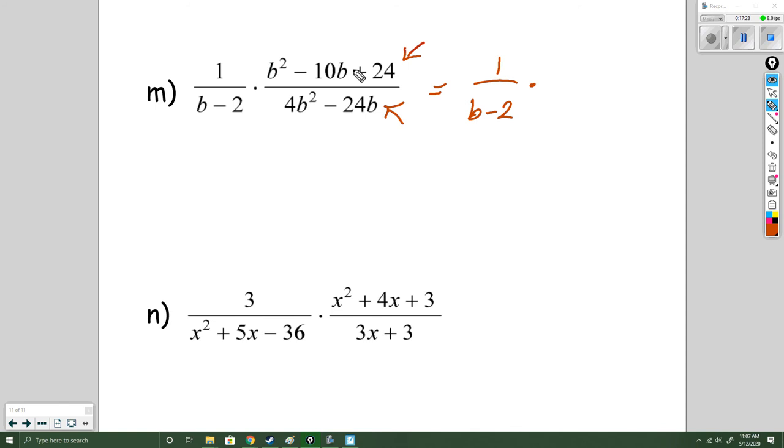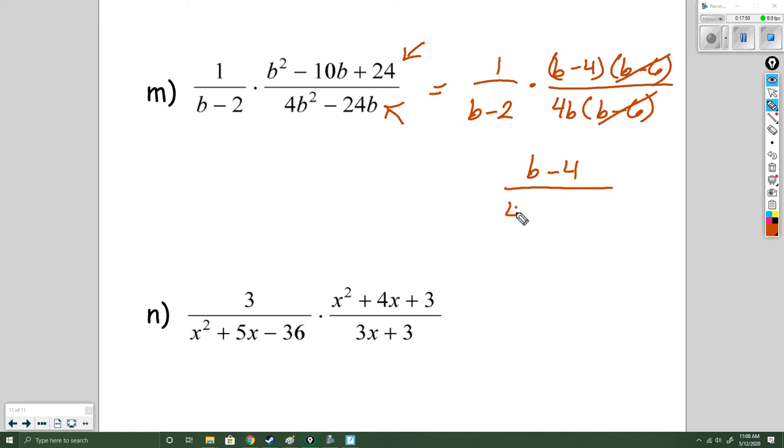And then if we simplify b squared minus 10b plus 24, that would be b minus 4 times b minus 6. And then if we factor 4b squared minus 24b, we could factor out a 4b there. And that would be 4b times the quantity b minus 6. The b minus 6's cancel out, so we have b minus 4 on 4b times the quantity b minus 2.